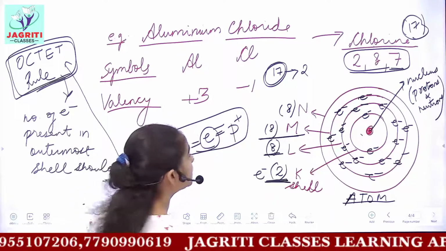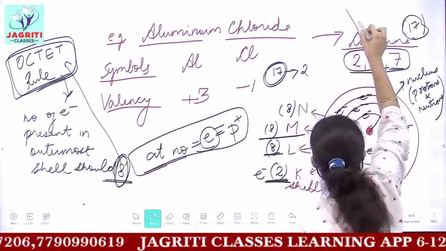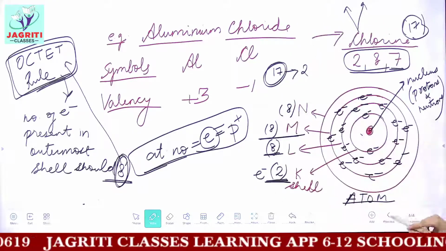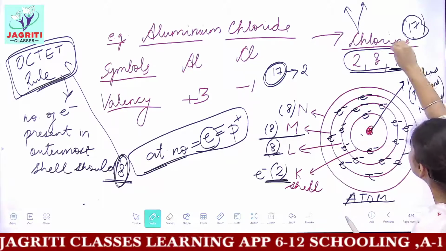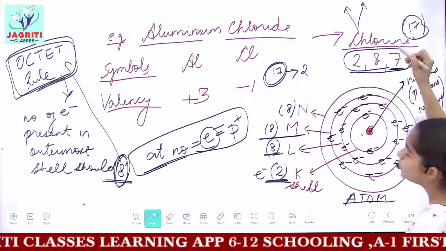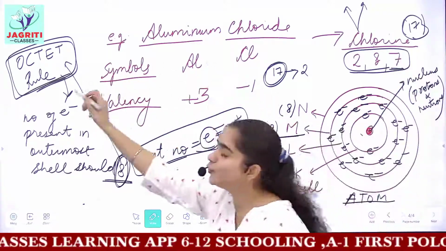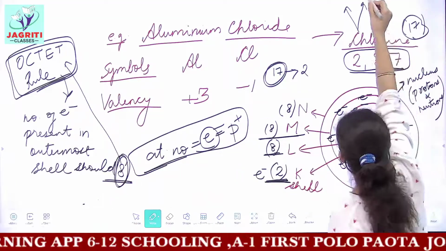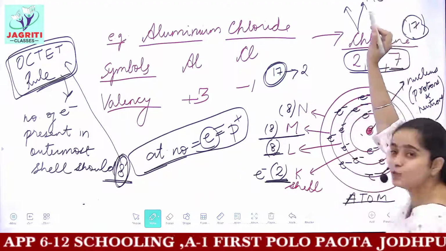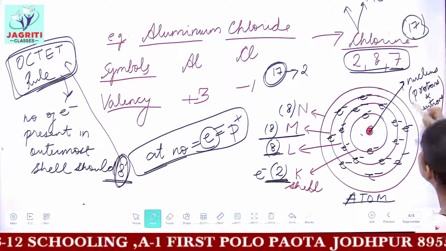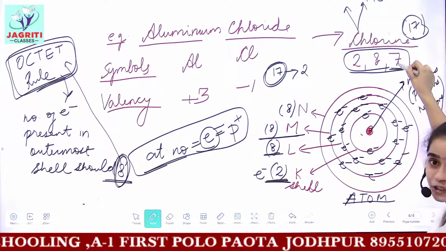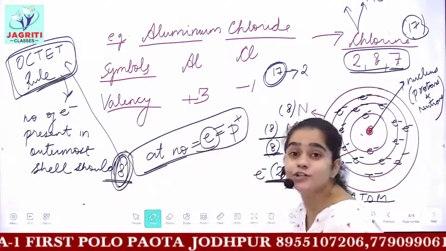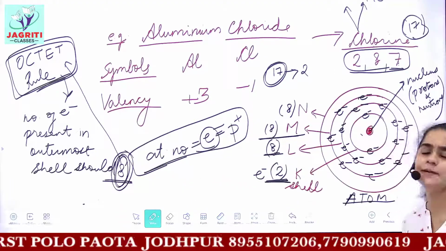One way is simple: if I add 1 electron to this chlorine, then 7 plus 1 would become 8, and according to the octet rule, it would be stable. So this 1 electron will add up to these 7 electrons, and the total we get is 8. This is one possible way, which seems quite easy.